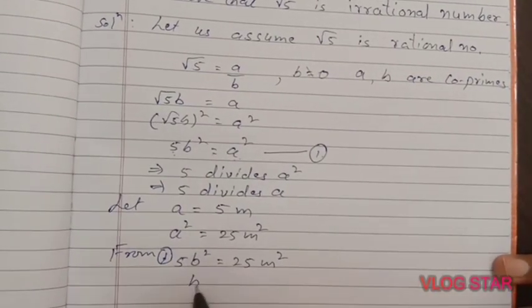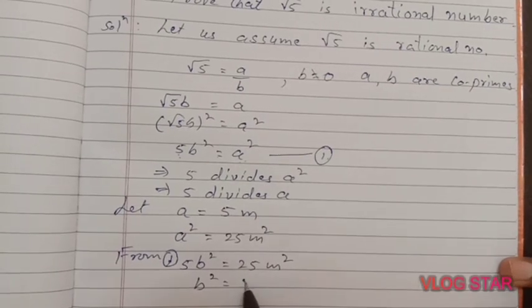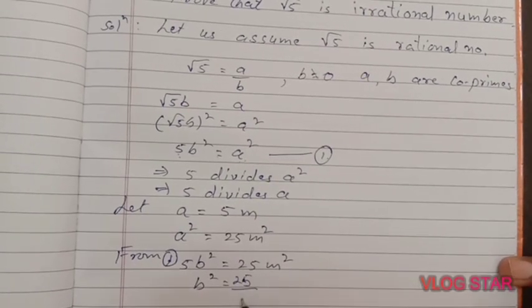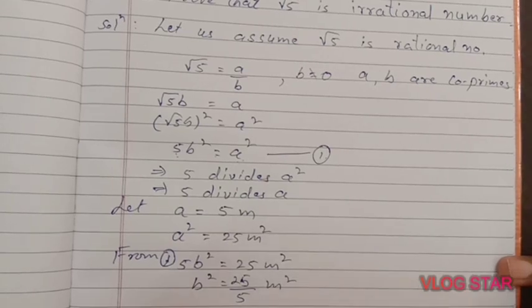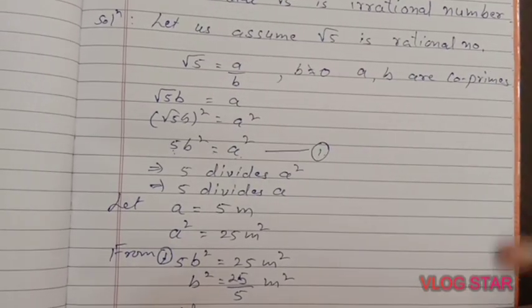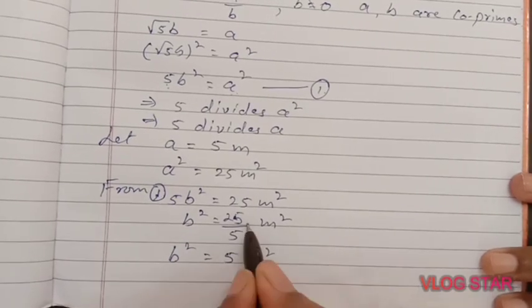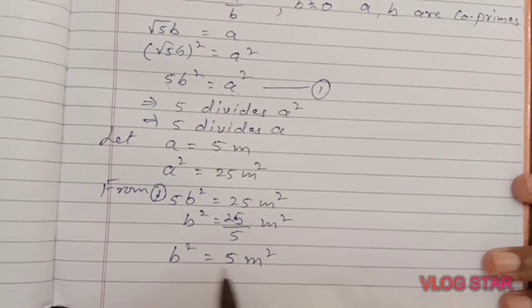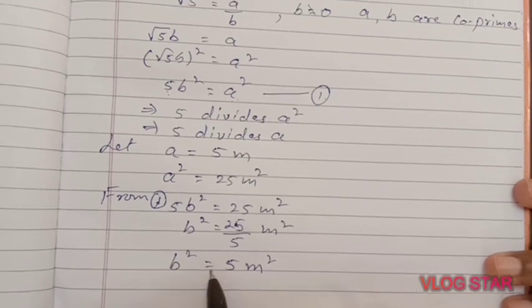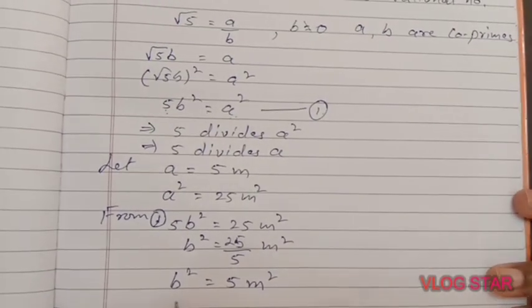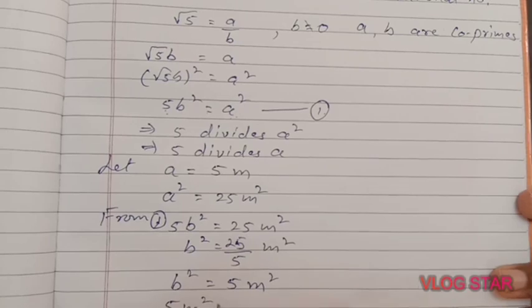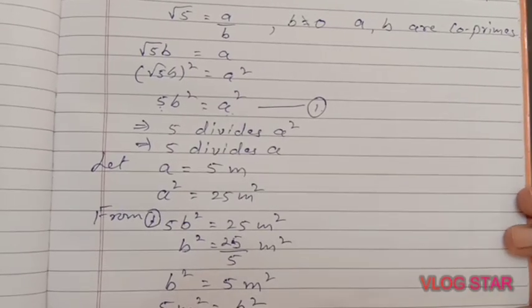Now this b square is equal to 25 by 5 m square. So b square is equal to 5m square. This gets cancelled. Now if b square equals to 5m square, that means I can write like this, 5m square equals to b square. So what it implies?